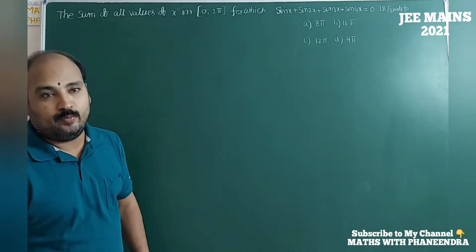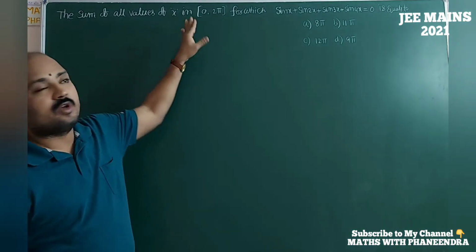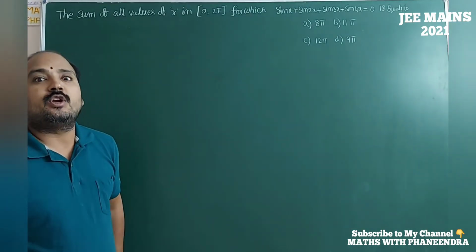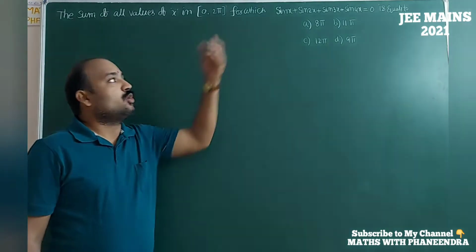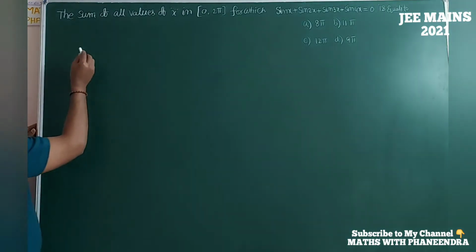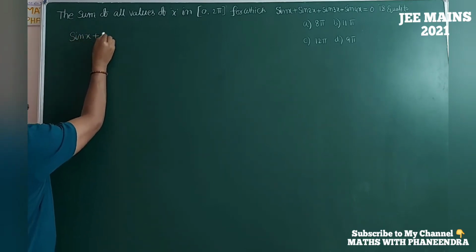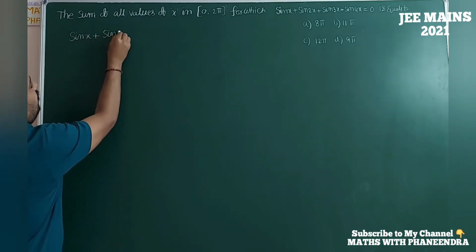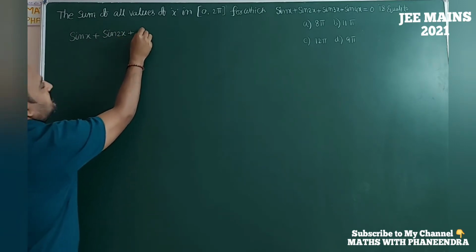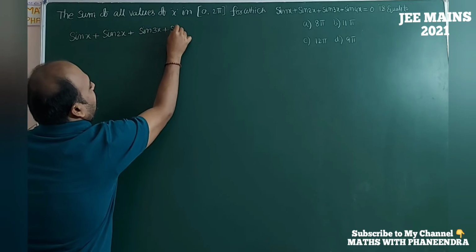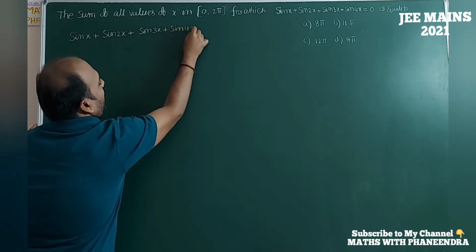So general solution questions. The given equation is sin x plus sin 2x plus sin 3x plus sin 4x is equal to 0.